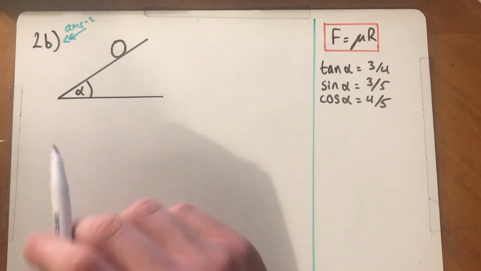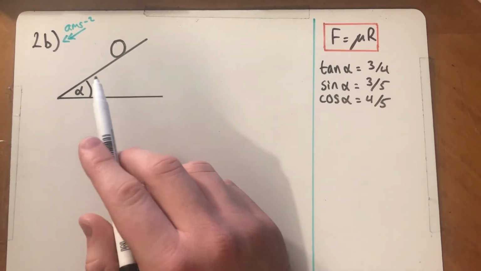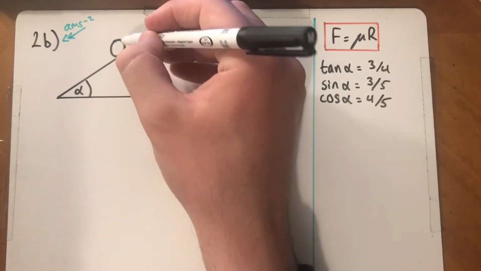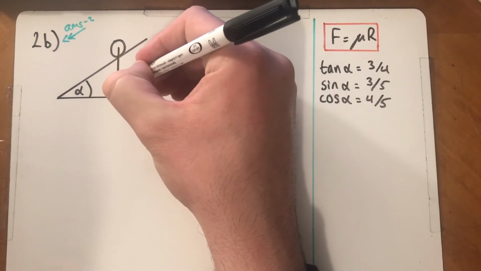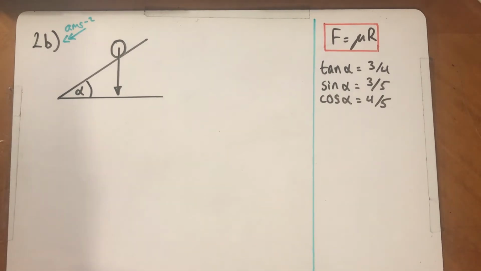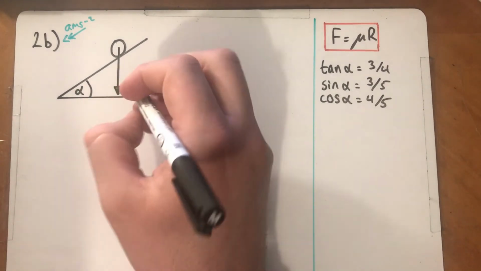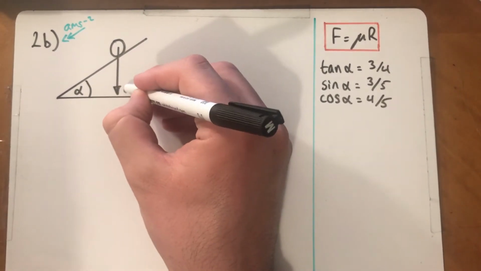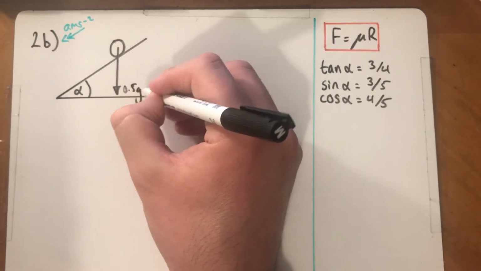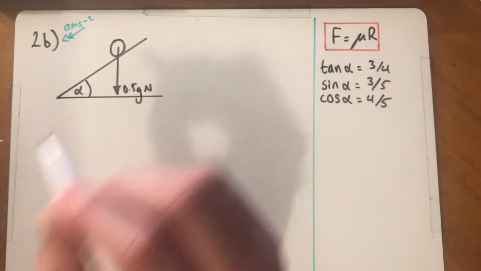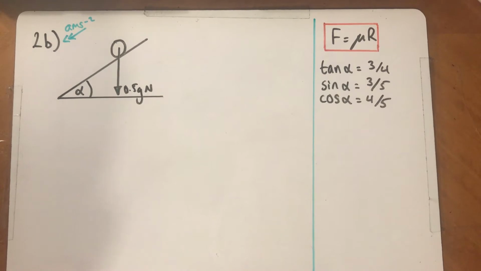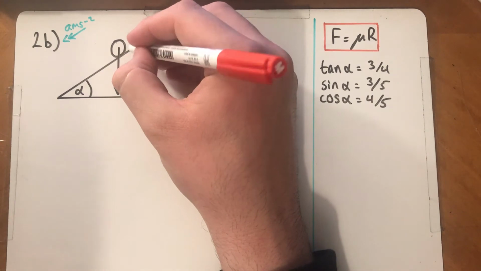So I'm going to start to draw in all of my different forces now. The particle has a weight and its mass is 0.5 kilograms, so its weight is 0.5g newtons, acting vertically downwards. Now I'm going to resolve the weight and find the components perpendicular and parallel to the slope.